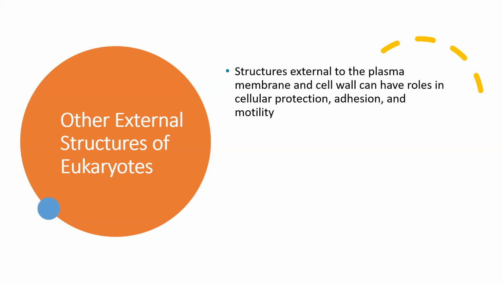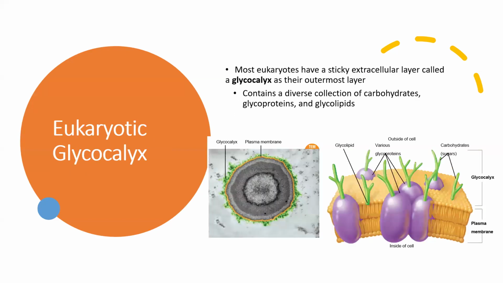So there are some other external structures that eukaryotes have. They play roles in protecting the cell, cell adhesion, and motility. If we start out with the glycocalyx, this is similar to the prokaryotic glycocalyx. This is an outer layer outside of the cell wall, outside of the plasma membrane, and it contains primarily carbohydrates, some glycoproteins, and glycolipids.